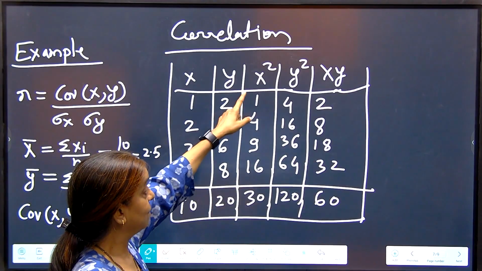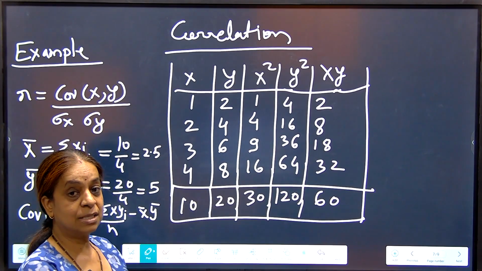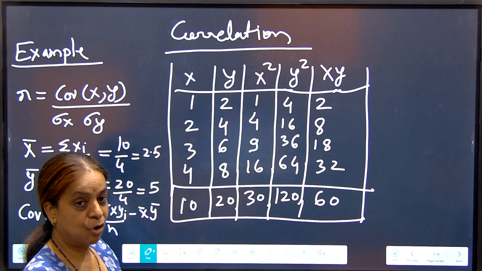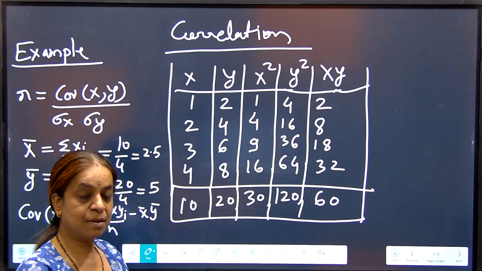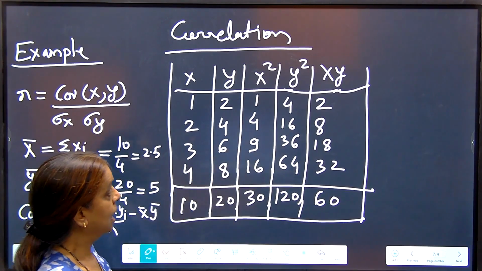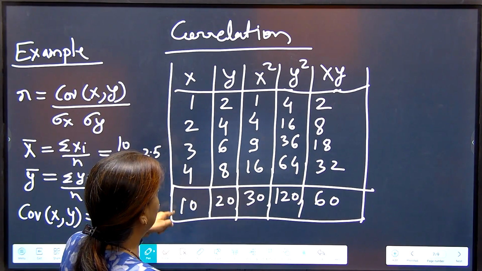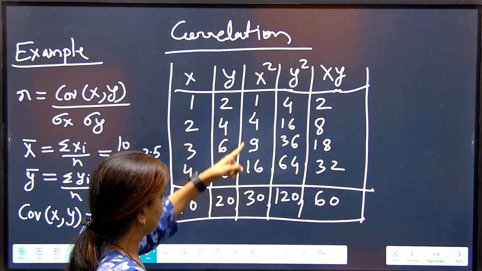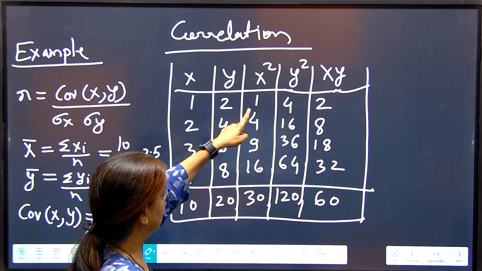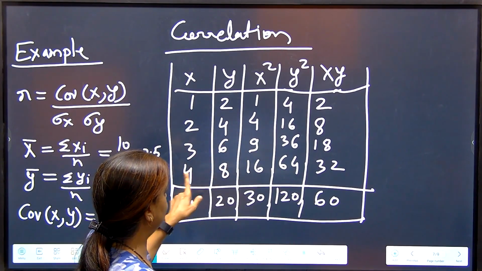Here I have written x square, y square and xy. Why have I written like this? Because I want to calculate the value of r, for which I want the covariance of xy, sigma x, sigma y, and for that calculation I need this calculation table. X square means the column of x values squared, meaning all the values of x are squared here. 1 square is 1, 2 square is 4, 3 square is 9, 4 square is 16.